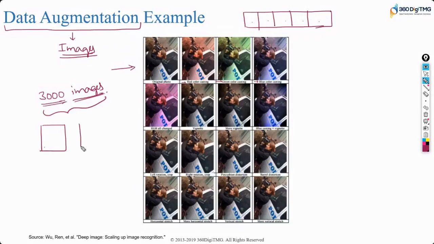What we have done is we have rotated the images. If you have an image, you flip the image. You rotate the image, maybe 20 degrees clockwise, 20 degrees anti-clockwise, 30 degrees clockwise, 30 degrees anti-clockwise. And you flip your image colors. And you do a lot of transformations.